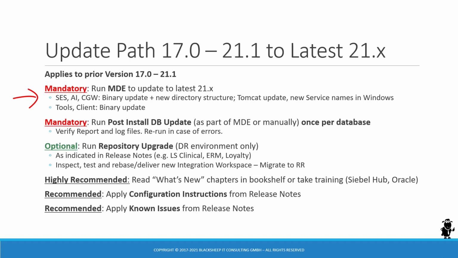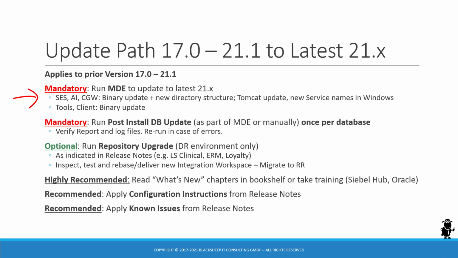This will be a binary update plus, for the enterprise components, a new topology created, a new directory structure, which of course has implications on any customization and script you have in that area. You will likely get a Tomcat update, which happens frequently enough. The Tomcats will have new service names in Windows, so be aware of that.